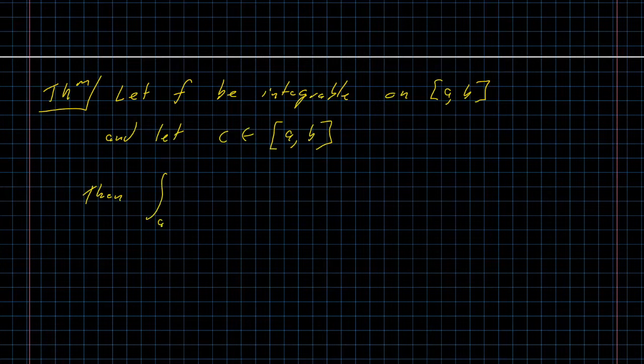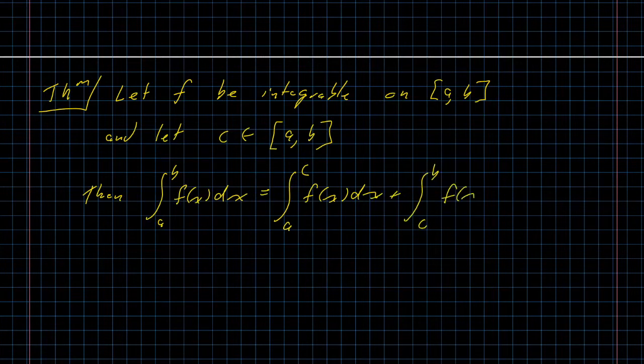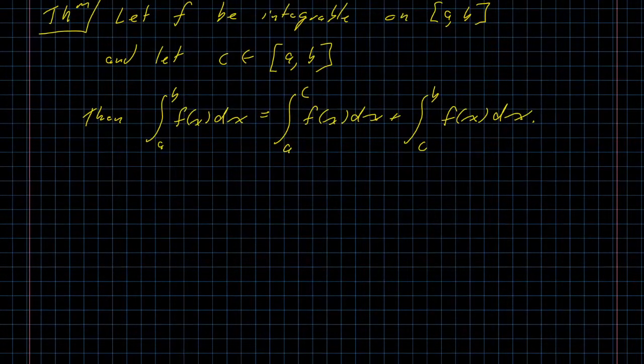Then the integral from a to b of f of x dx is in fact the integral from a to c of f of x dx plus the integral from c to b of f of x dx. Hidden inside this, the integrals from a to c and from c to b are both defined. So we get that on any piece of the interval on which the integral is defined, the integral is still defined.